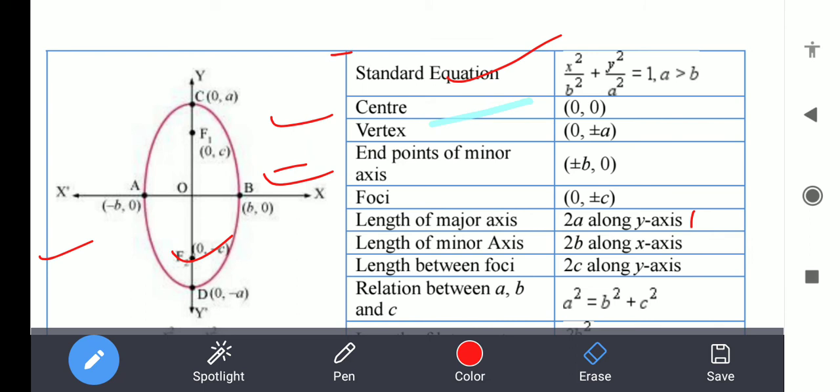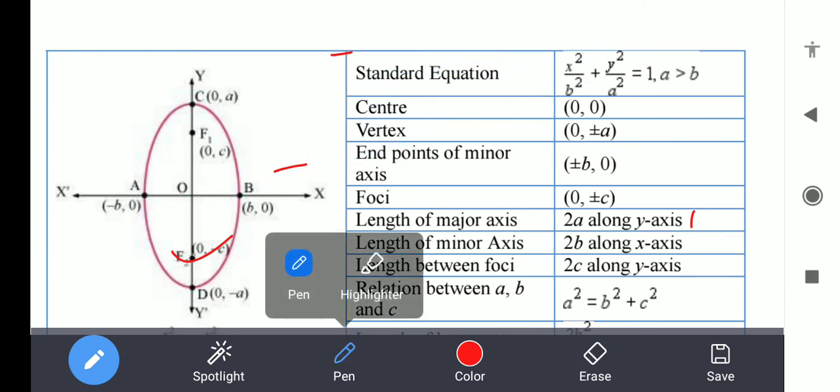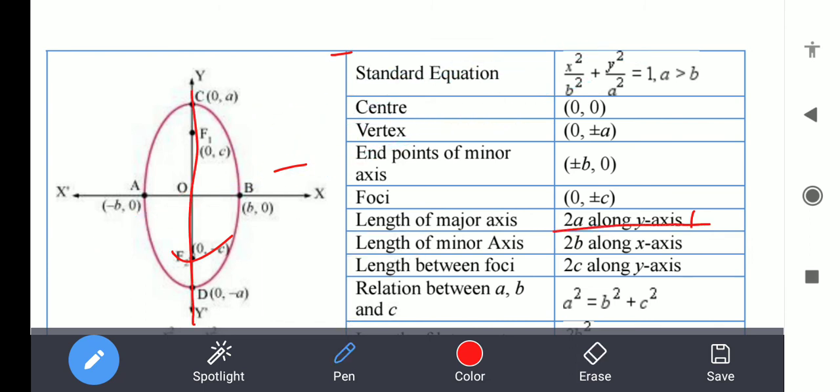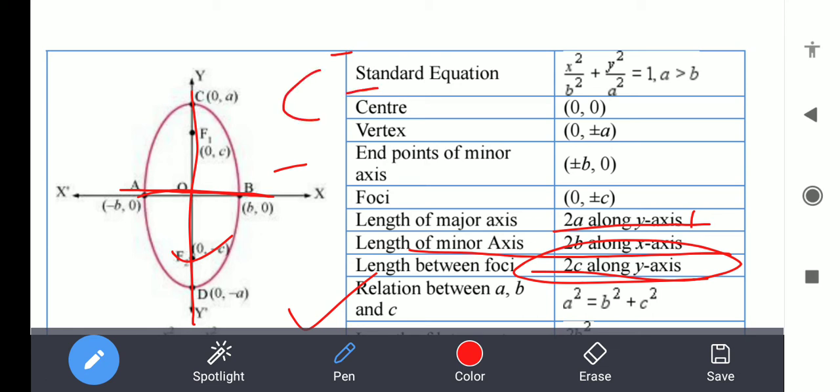Now the length of the major axis is 2a, but it is along the y-axis. Length of the minor axis is 2b along the x-axis. Foci are along the y-axis. Again, the relation between a, b and c is a square is equal to b square plus c square. c is equal to ae.